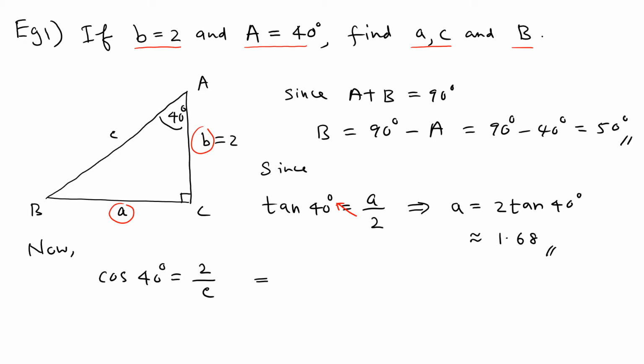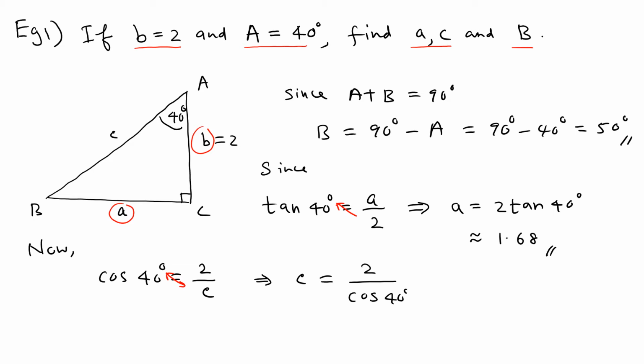Then we can use the cross multiplication again across the diagonal. You multiply by c and divide by cosine 40, so c equals 2 over cosine 40.